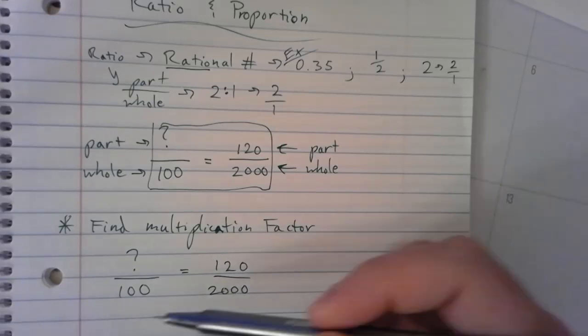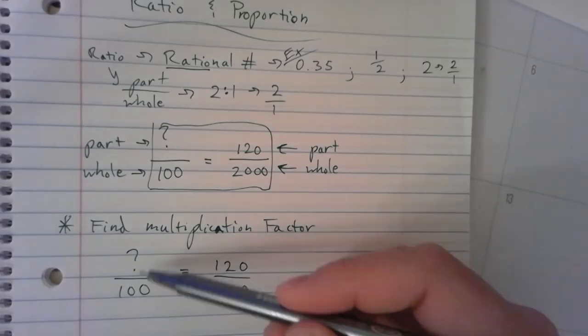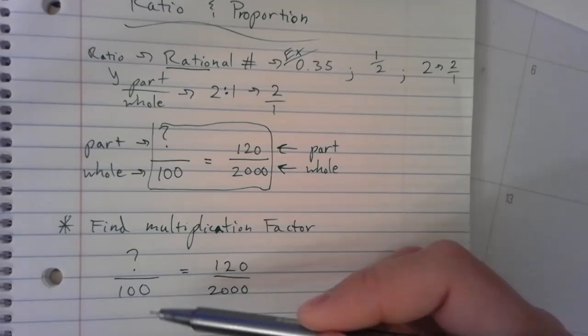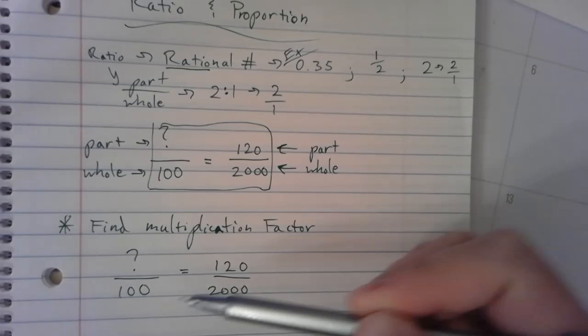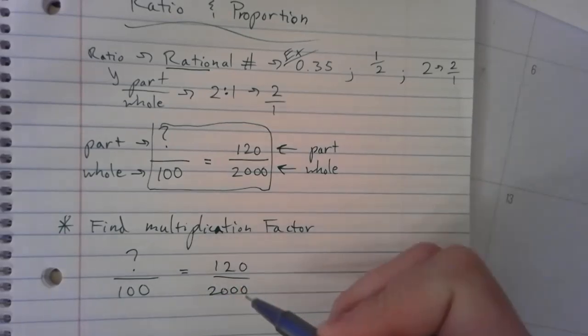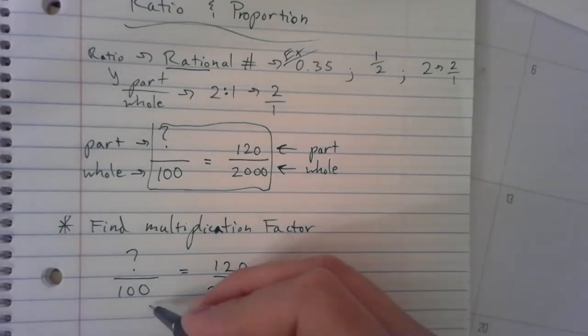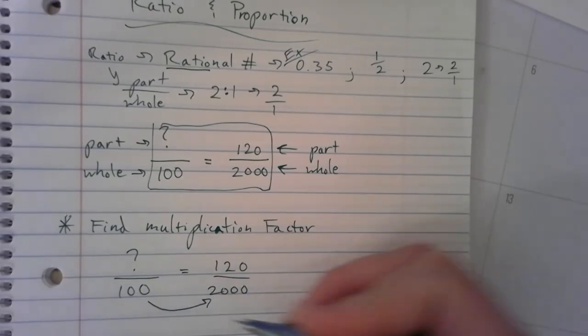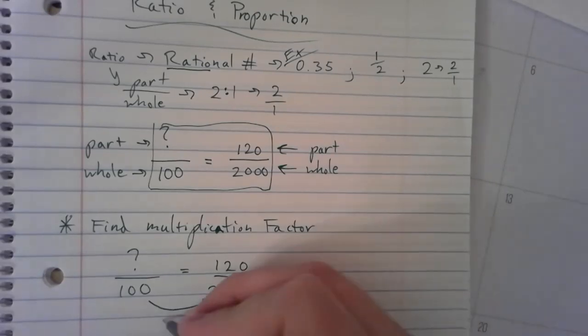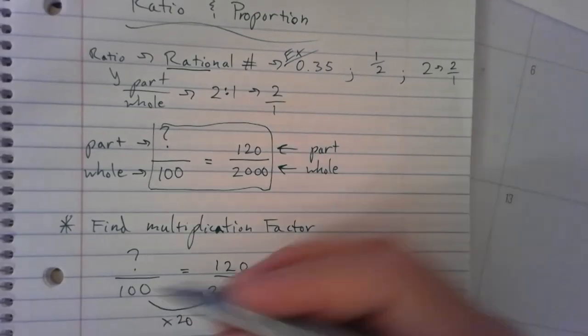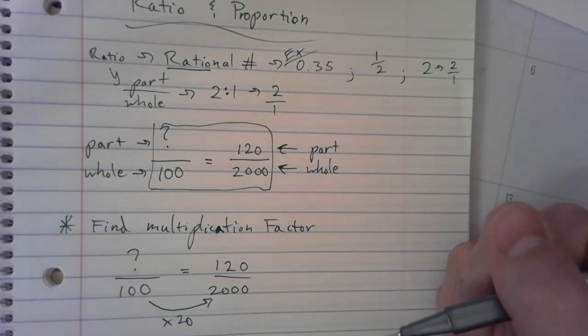So we know that anything that's over 100 can be seen as a percent very quickly and very easily. And so this would be one way to do it, finding the multiplication factor. How can I get 100 to turn into 2,000? Well, I have to multiply it by something. If I multiply it by 20, I'm going to get 2,000.